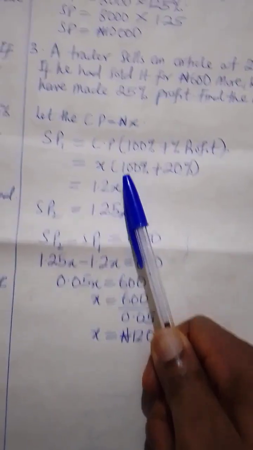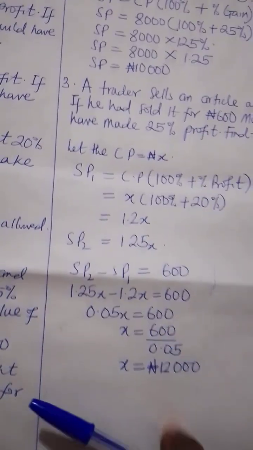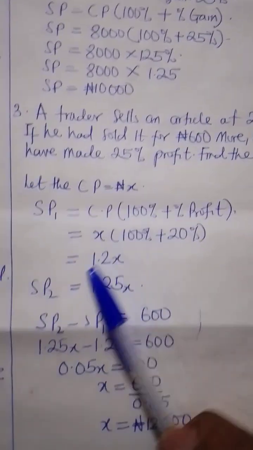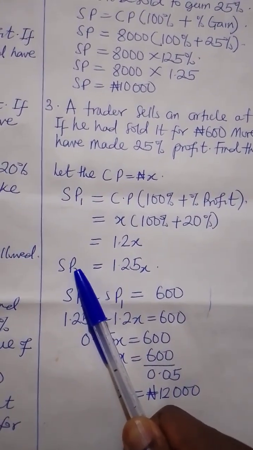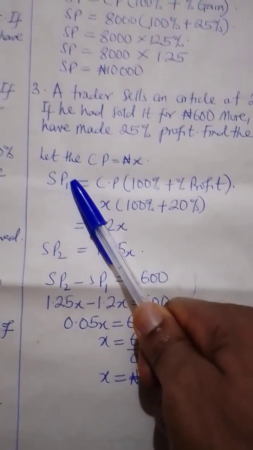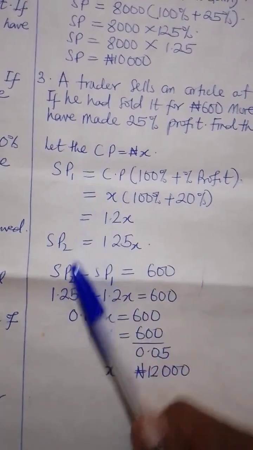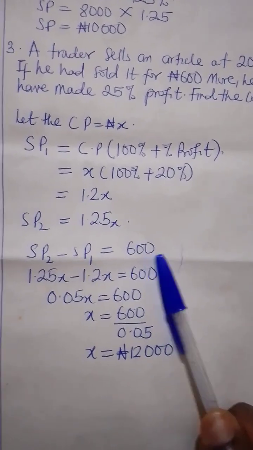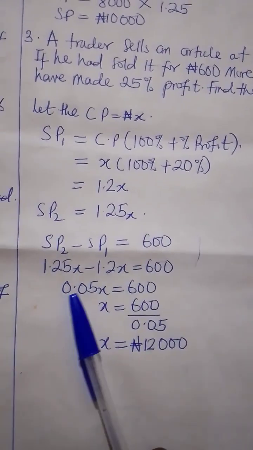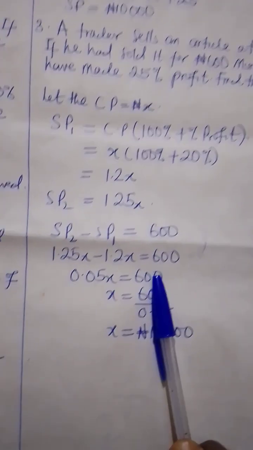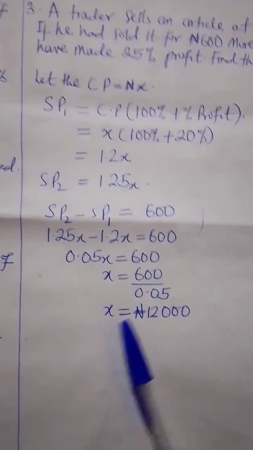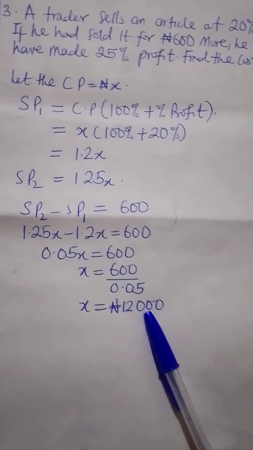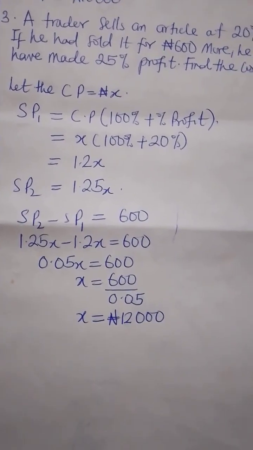So 125 over 100, that's 1.25x. So that second step is SP2. So it says more. That means SP2 is greater than SP1. So SP2 minus SP1 will give us the more, which is the 600 naira. So if you resolve that, you will get 0.05x equals to 600. So eventually our x is 12,000. So it means that our cost price is 12,000.